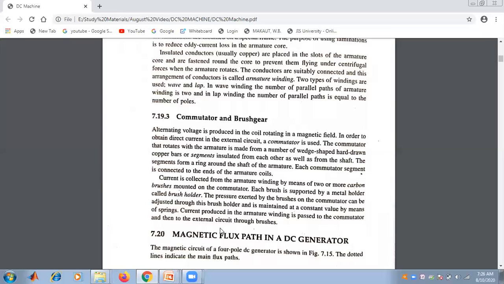The pressure exerted by the brushes on the commutator can be adjusted through this brush holder and is maintained at a constant value by means of springs. Current produced in the armature winding is passed to the commutator and then to the external circuit through the brushes.